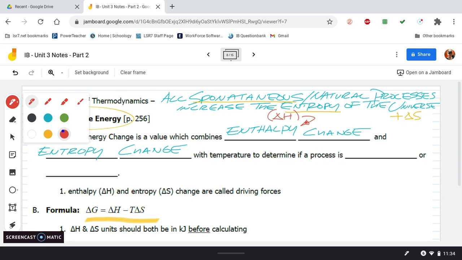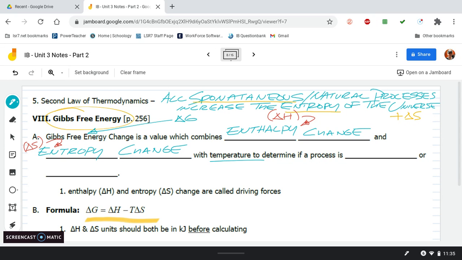And this one is delta S. So Gibbs free energy is going to be a value, and the value is going to be delta G. So maybe we should note that as well. So delta G is going to be enthalpy, entropy, and temperature.